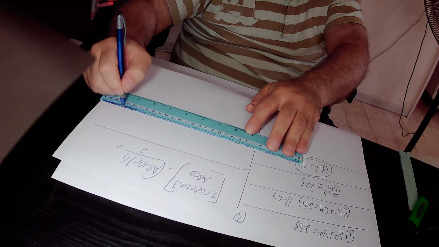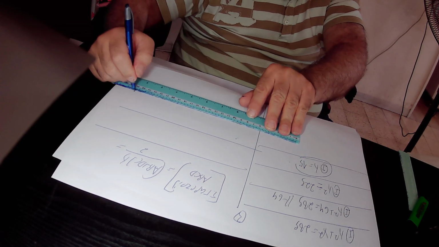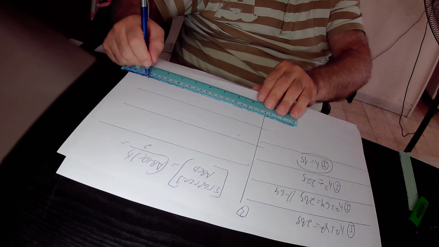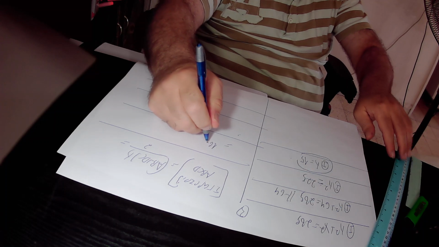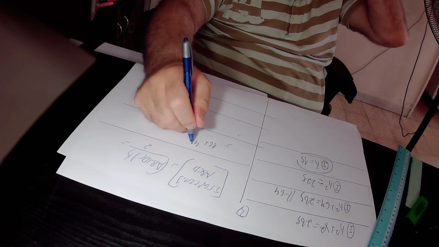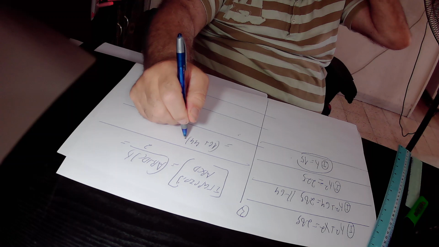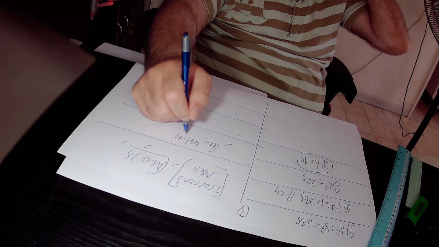So the area of trapezoid ABCD in total is equal to AB, that is 16, plus DC, that is 44, times the height h, that is 15, over 2.